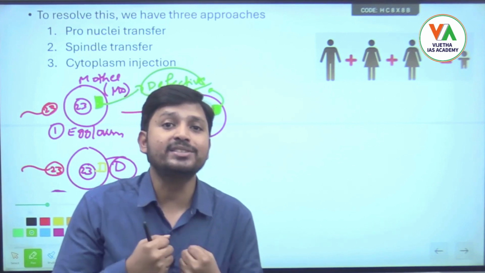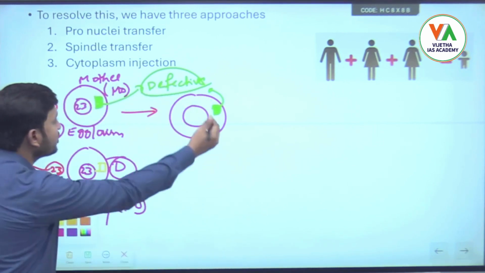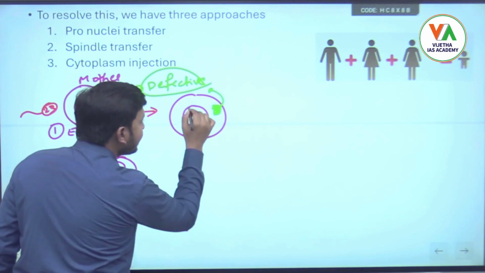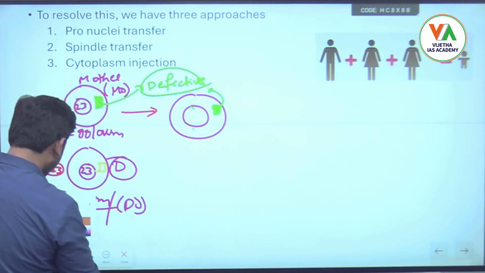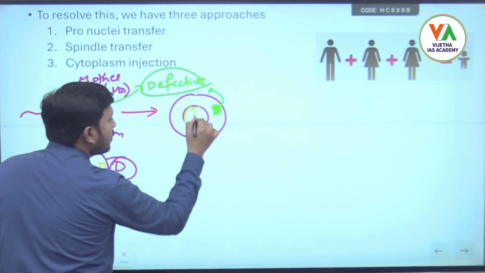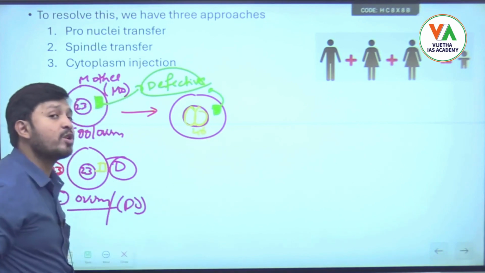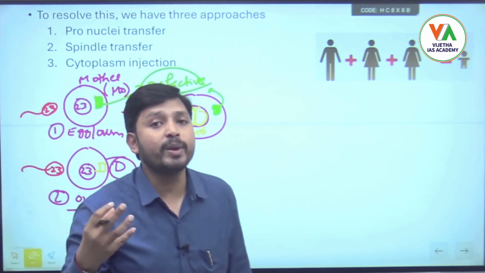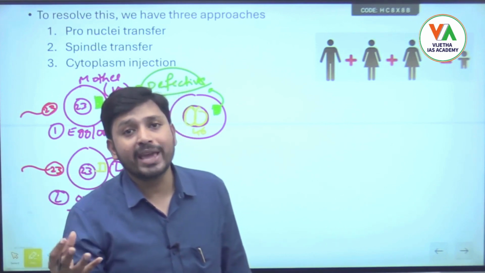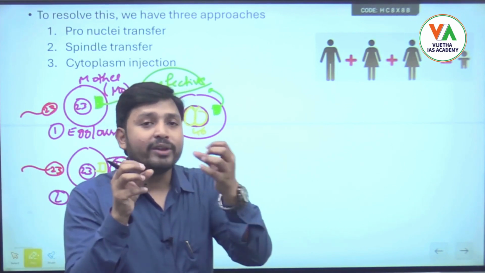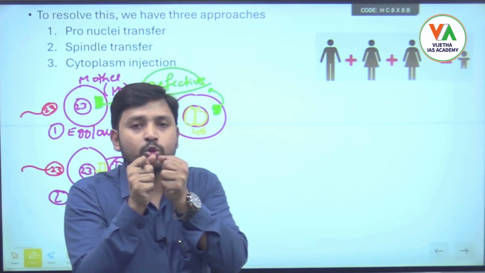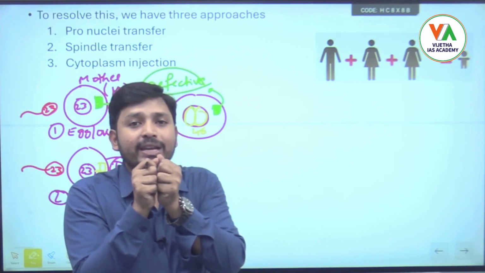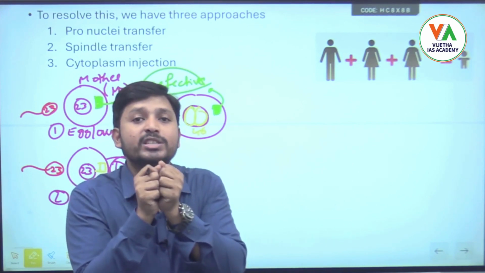In total 46 are there, but they have not yet merged completely. The structure formed before forming the zygote, where the chromosomes from father and mother are not merged completely, is called pronuclei.